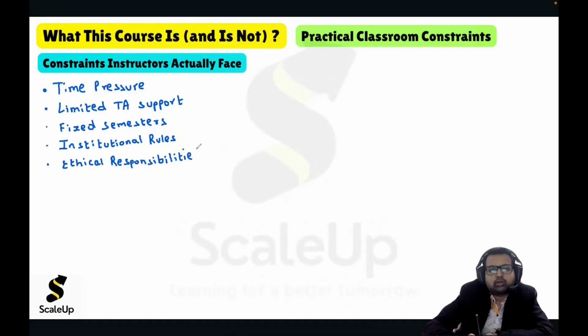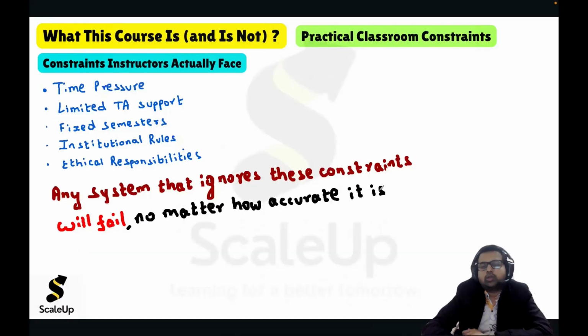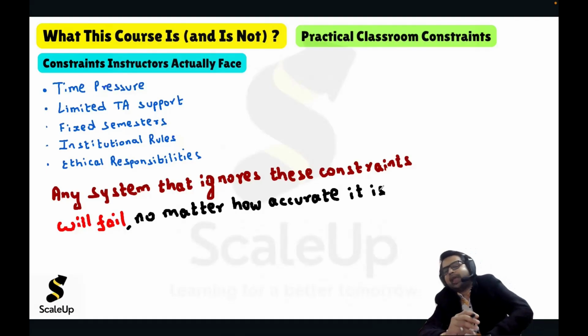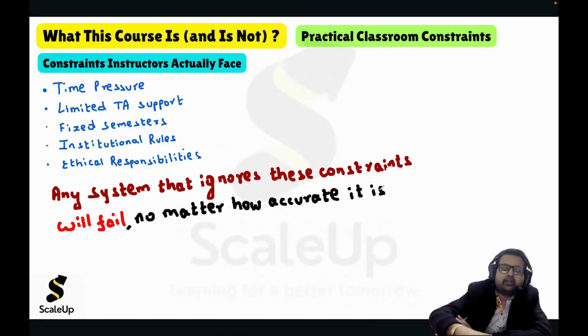These are the constraints which an instructor faces. Now the idea is that any system that ignores these constraints will fail, no matter how accurate it is. So despite the accuracy of the system, if it ignores these constraints, then certainly the system will fail.